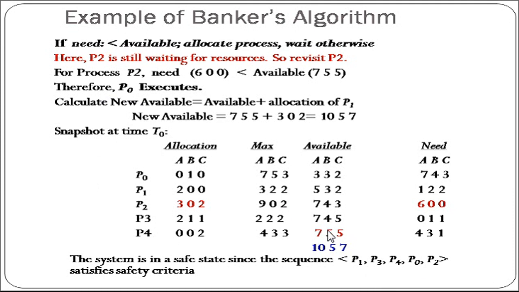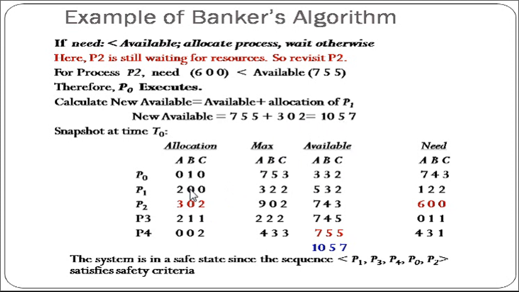How to calculate new available? It is current available, that is 755, plus allocation of P2, that is allocation of P2 302, which will give you 1057.